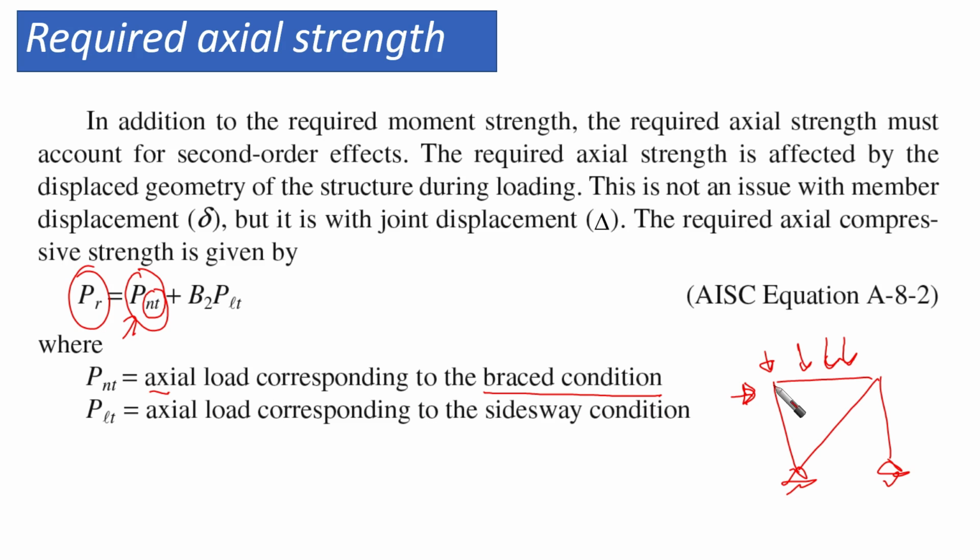If we have a braced condition, then the required strength in the member itself is going to come from the gravity load or other types of loading.